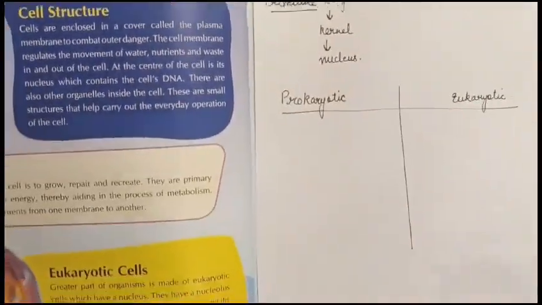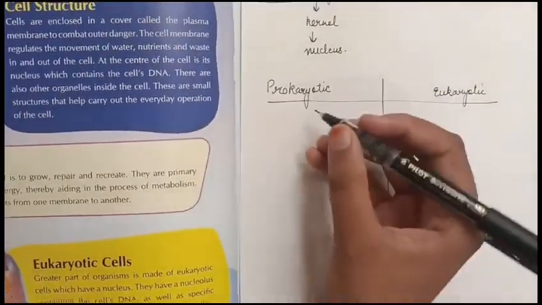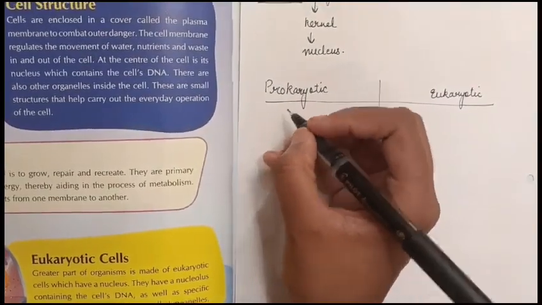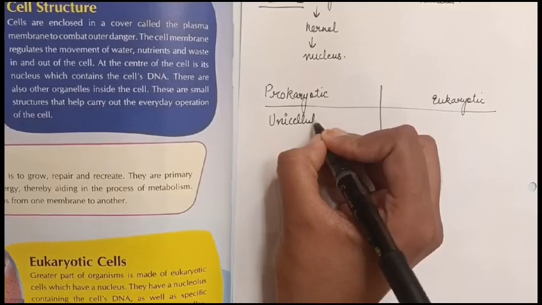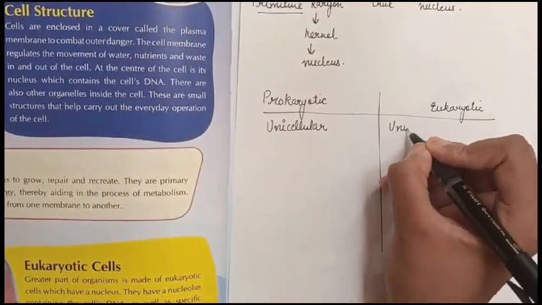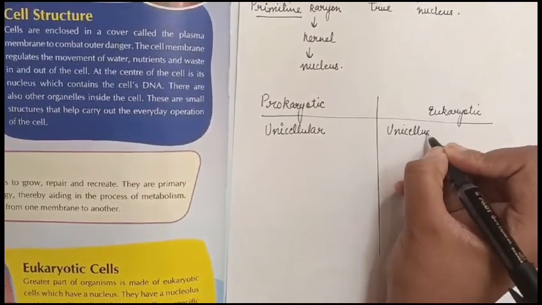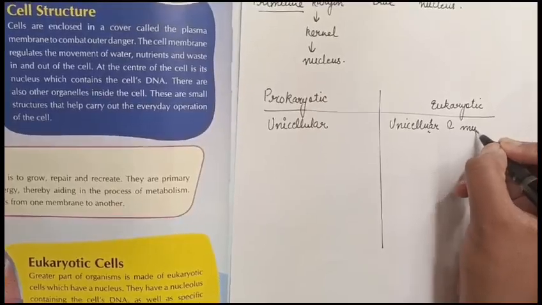When we compare them, the first point is the type of cell. Prokaryotic cells are always unicellular, whereas eukaryotic cells are both unicellular and multicellular.